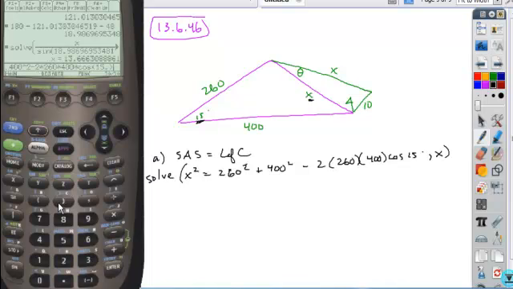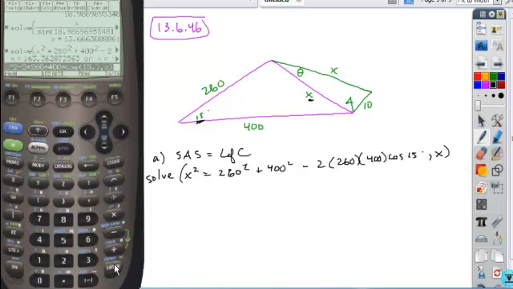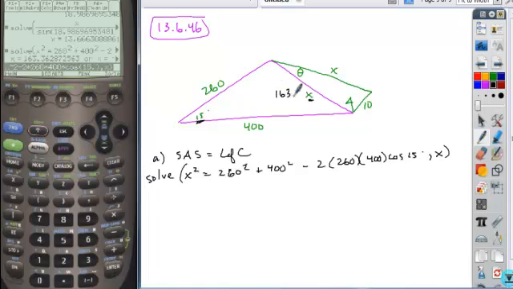I'll put a decimal in it so my answer is displayed as a decimal. And when I solve this, I get my distance of approximately 163.4. And so there's my first measure.